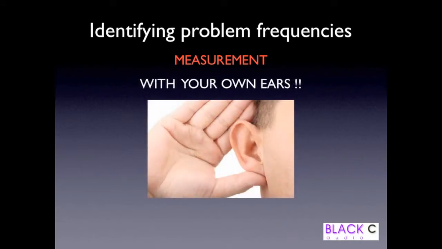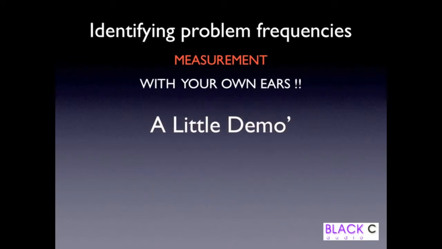The other, and by far the best way to conduct measurements, is with your own ears. The most sensible, storytelling, accurate and sensitive measurement system known on the planet. Coming up is a little demonstration of just this sort of test. For a signal source, we use a stepped tone set.